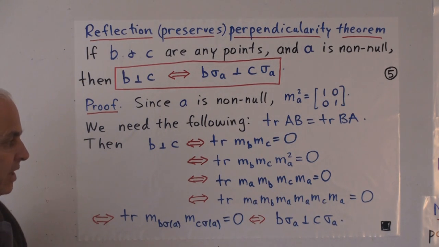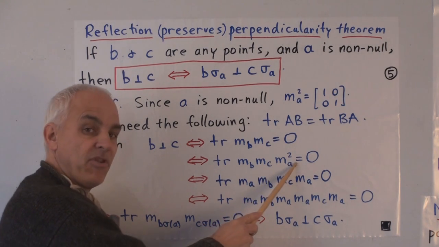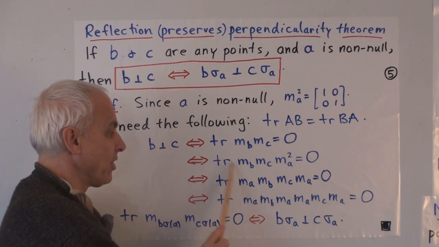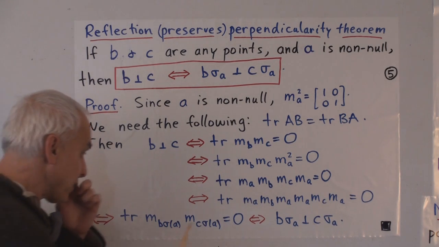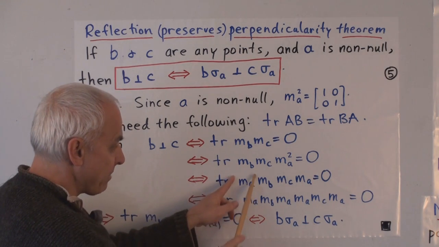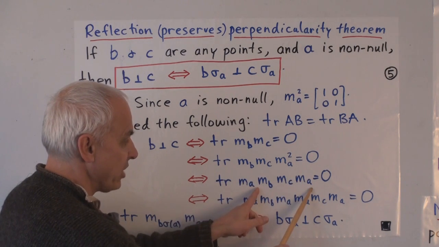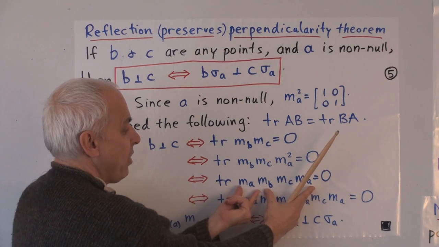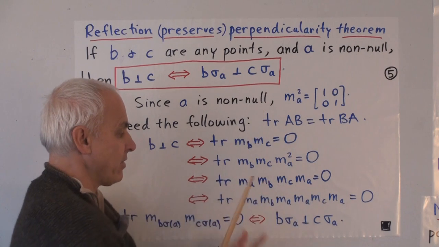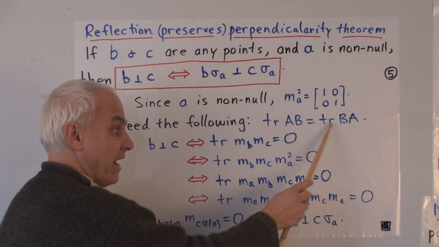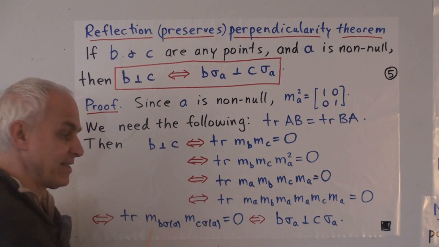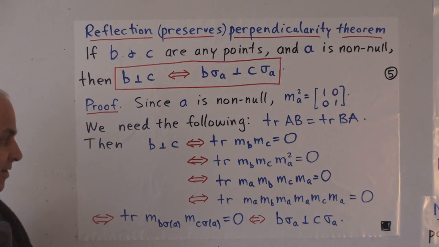Why is that? Well, because I'm taking one of these M sub A's and I'm bringing it to the left-hand side. Why can I do that? Well, I think of this product as being that matrix times that combination. And if I take those two blocks and switch them around, then the M_A comes to the other side. And because of this fact, the trace is 0 still.